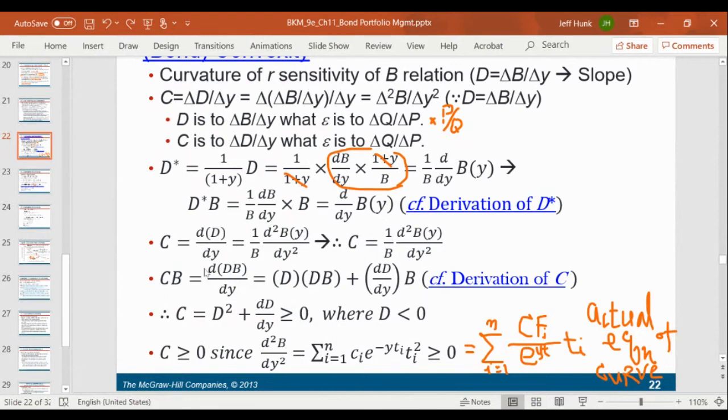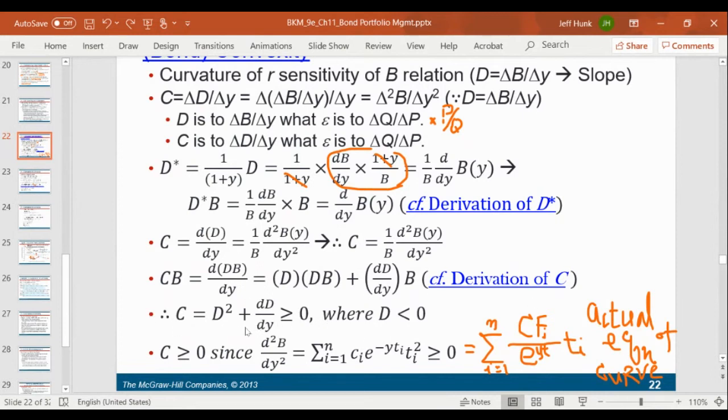You might wonder, if I multiply both sides by B, then doesn't this B cancel out with 1 over B? I'm going to show you the full steps of derivation, because jumping from this to this may not sit well in your mind.